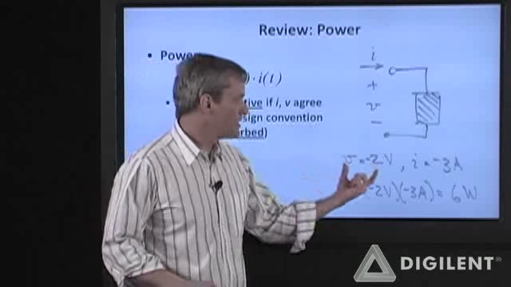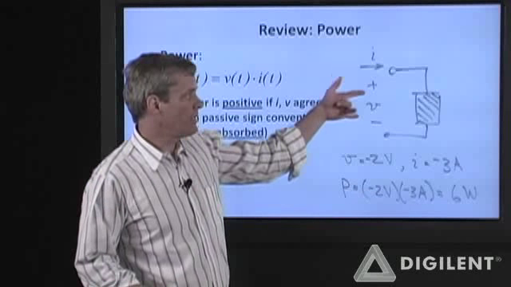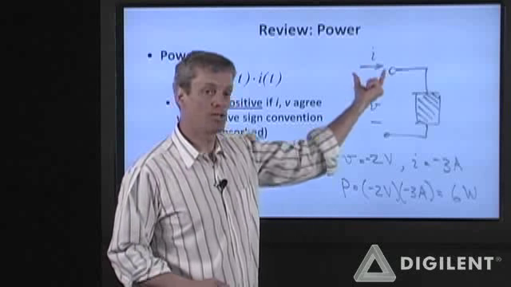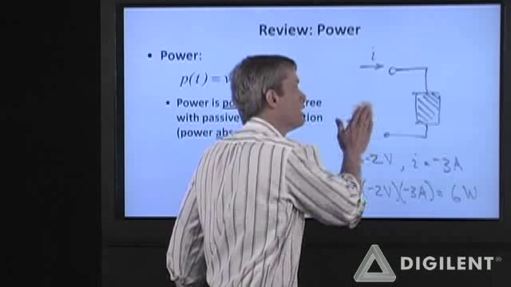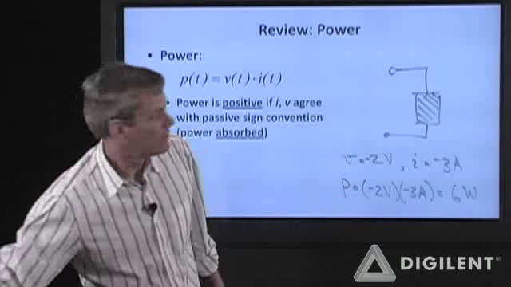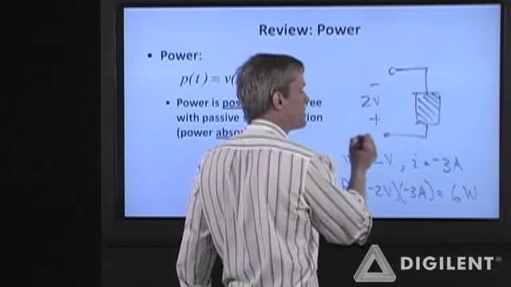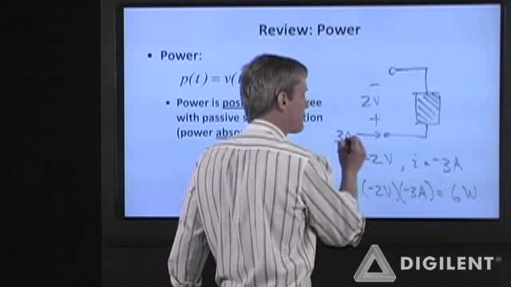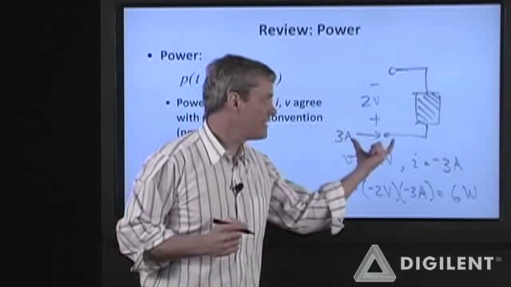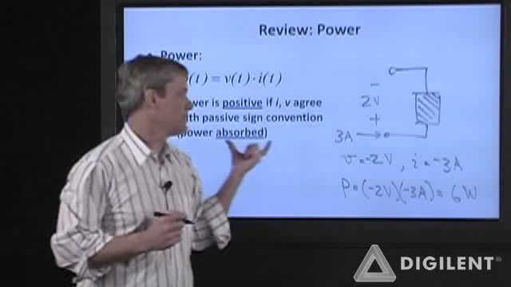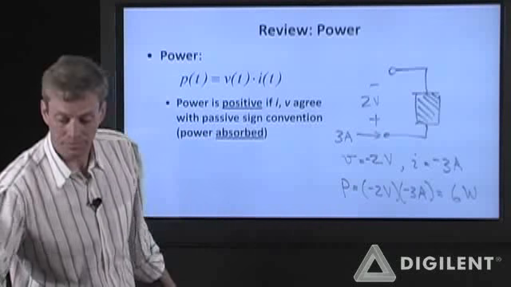That simply means that the voltage polarity is the opposite of my sign convention, and the current direction is also inverted. So I really have 2 volts this direction, and I have positive 3 amps into that node. This still agrees with the passive sign convention. The element is still absorbing power.